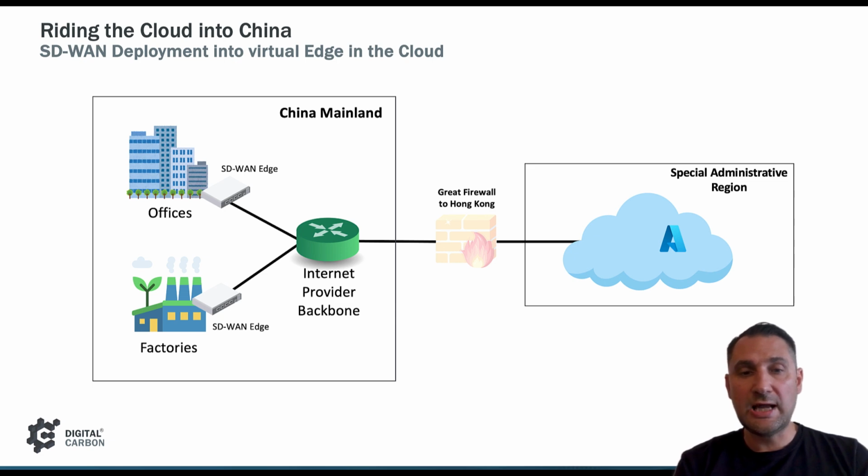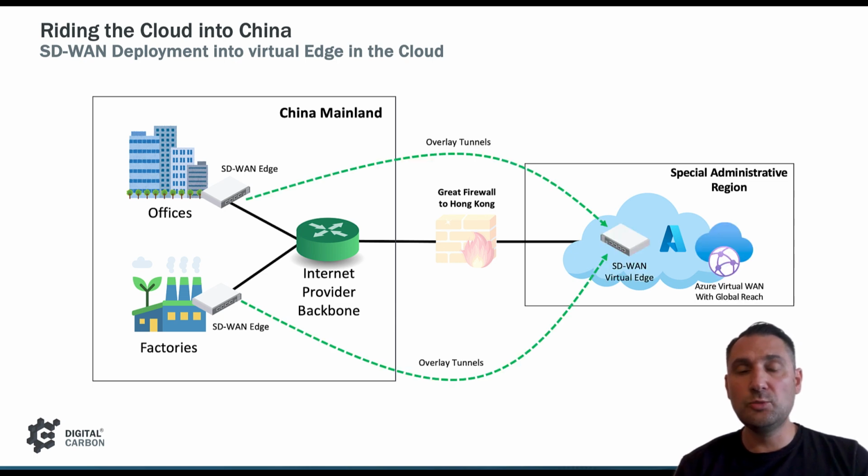So once we actually have that internet connectivity and we have our SD-WAN edges installed in our remote sites, then we also deploy a virtual SD-WAN edge within our Microsoft Azure environment, and this is within the Hong Kong region. From there, our SD-WAN edges will automatically create an overlay tunnel from the remote locations to our virtual edge, which is within the cloud provider's network.